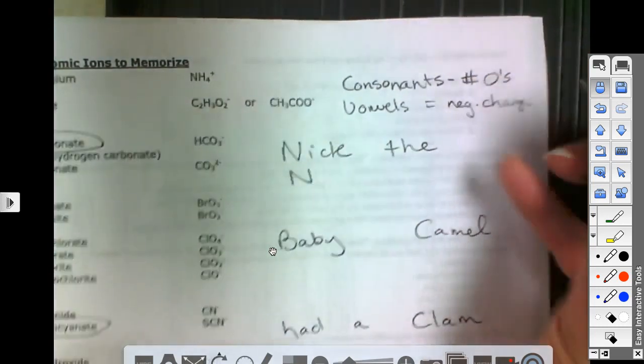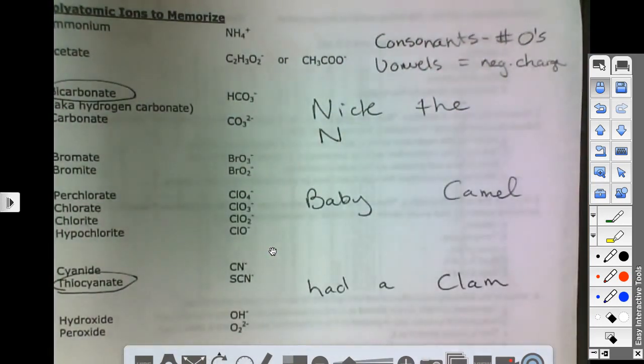All of these polyatomic ions that I'm going to help you with are negative. The only positive one you have on here is ammonium. Hydronium or hydrogen is also positive. It's not on this list, but those are really the only two that are positive. The NH4 plus, that's on you. Good luck. There are a couple you're just going to have to look at, and that's one of them.